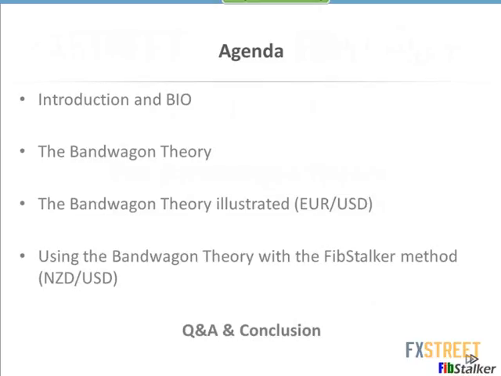In the last part of the webinar, I'll present the bandwagon theory within the current market context, and specifically, I'll make reference to the New Zealand dollar versus US dollar, and I'll also try to show you how that plugs into the way modern markets move. And modern markets, we all know, are governed by algorithms. And in the Fib Stalker method, I attempt to capture the footprints of these algorithms on price. After that, I'll have a Q&A and I'll answer your questions.